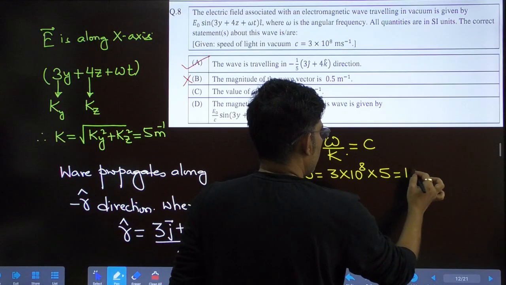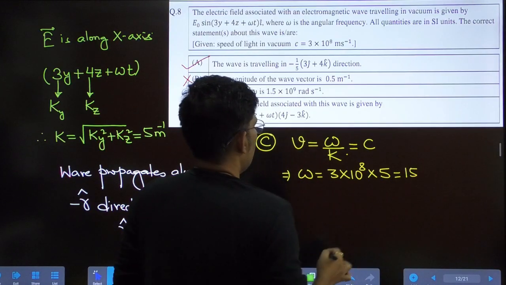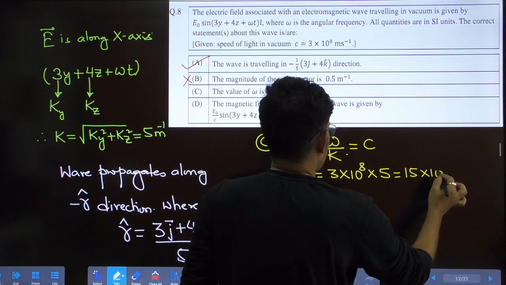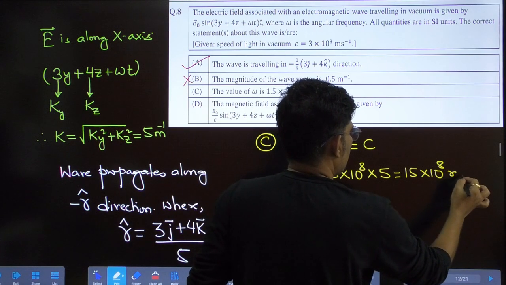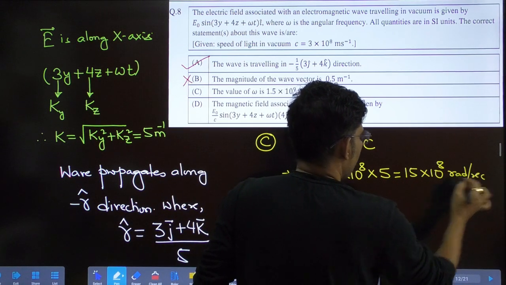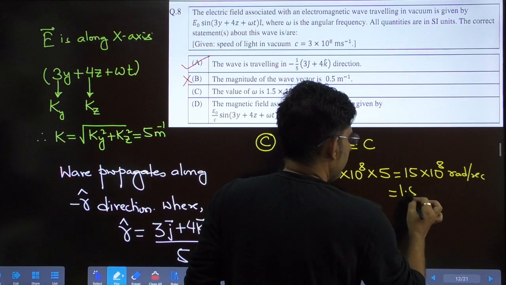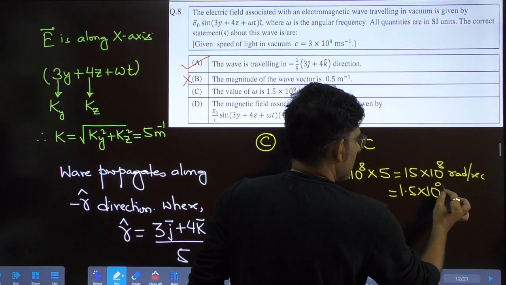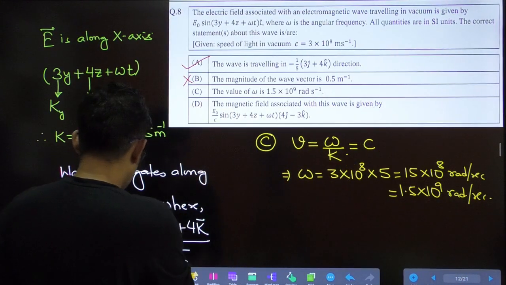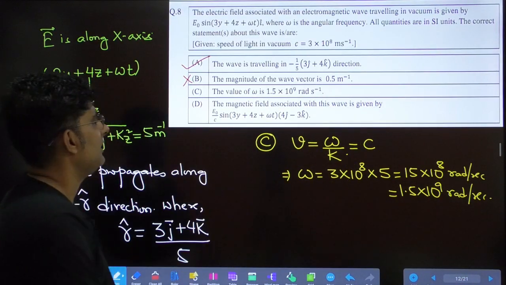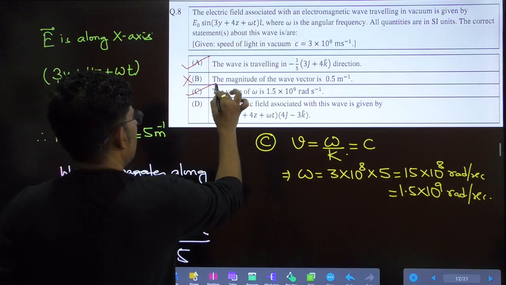So 3 fives are 15 into 10 to the power 8 radian per second, or if you write it as 1.5, you can write 10 to the power 9 radian per second. So if you check the option, yes, option C is correct.